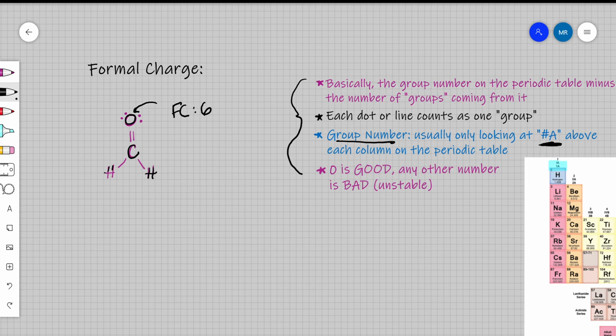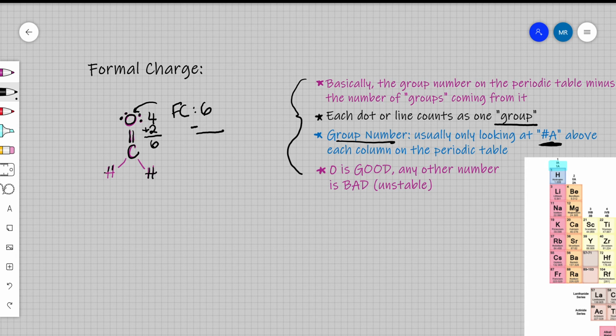So we plug in the 6, and then we're going to subtract the amount of quote-unquote groups that comes from oxygen. So if we look at this molecule, we see we have 1, 2, 3, 4 dots, aka the electrons, the lone pairs, and a double bond, which counts as 2 lines. So that gives us a total of 6.